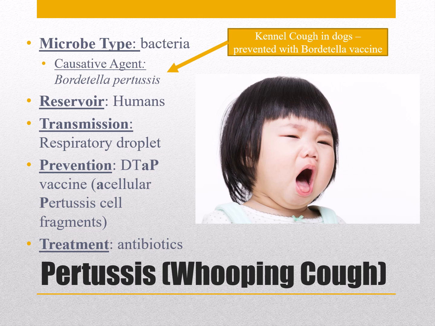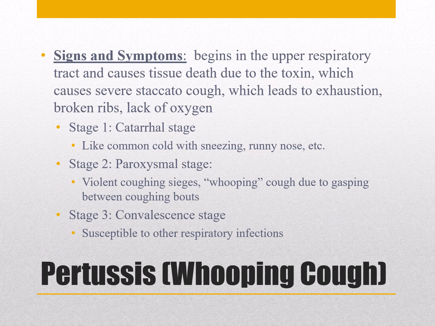And the treatment is antibiotics if you contract whooping cough. Some signs and symptoms. It starts in the upper respiratory tract and causes things to move down further. The first stage of pertussis is usually like a common cold, sneezing, running nose, etc. It's that second stage that's going to be kind of the issue.